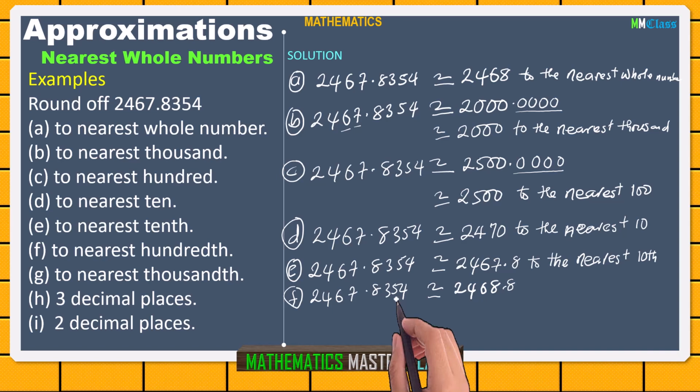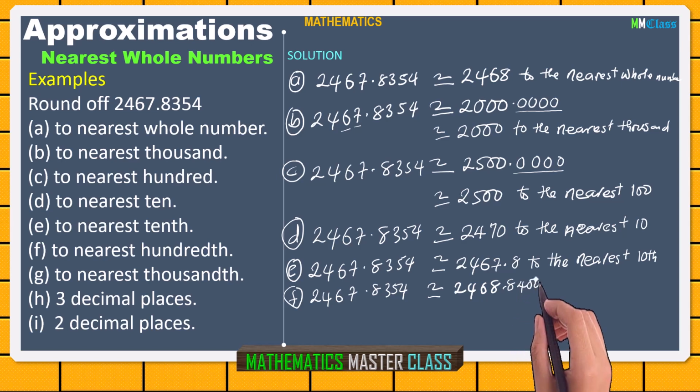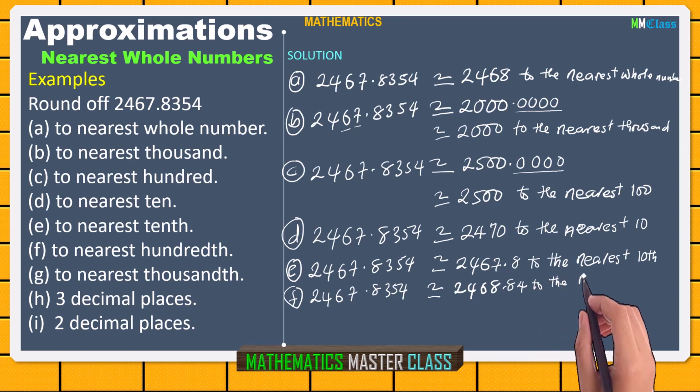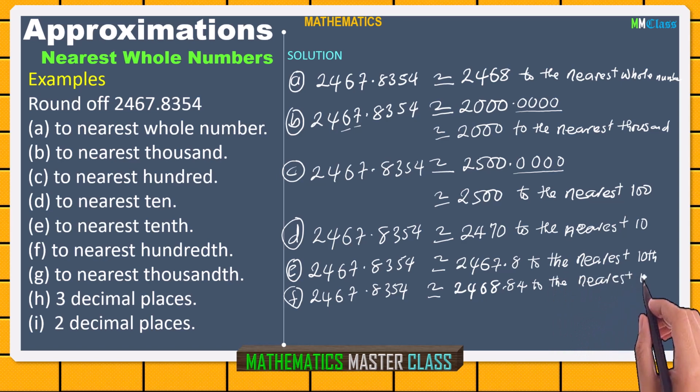So this will become 400. The 5 and 4 will become 0. Just like here, 354 was supposed to be 0, but we don't consider 0 after the decimal point. We don't write it. So there won't be need to write these zeros. We remove them. So this is to the nearest hundred.